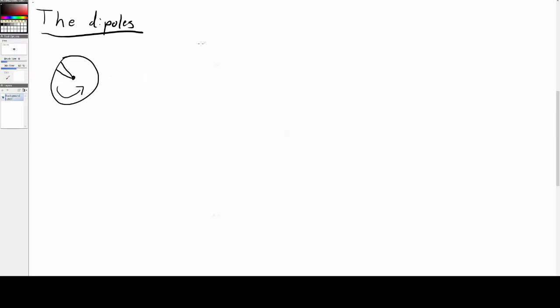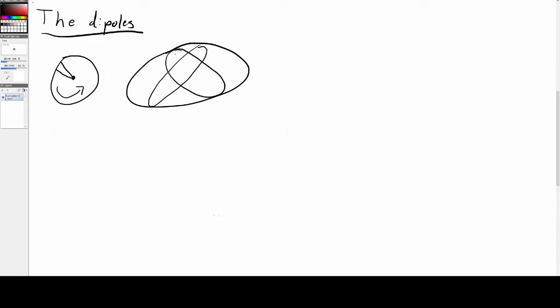When you scan the sky like that, if we draw the CMB map, you scan along certain circles in this way, and no matter how you do that, you will scan the dipoles, obviously.